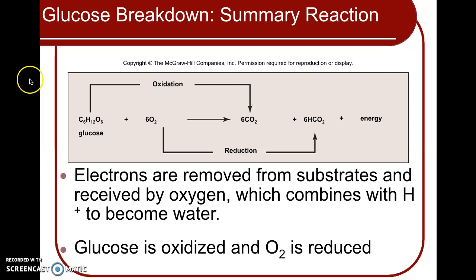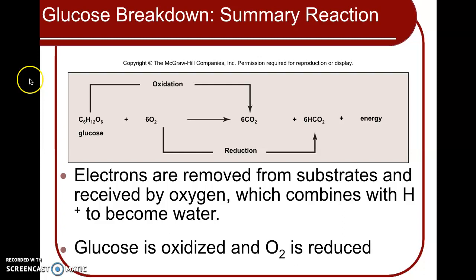And on the other side of the equation, we have that glucose being broken down, that oxygen being consumed, CO2 being produced, and the energy being transferred. And that energy then allows the organism to do what cellular work needs to be done, right? We said there's chemical work, mechanical work, and transport work, and all of that ATP is used to accomplish that.